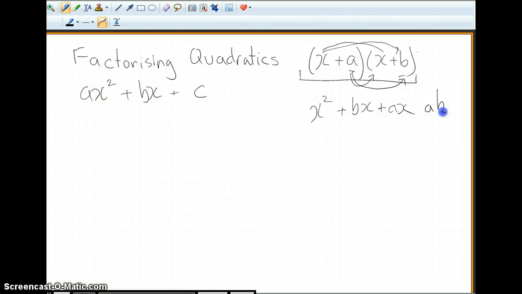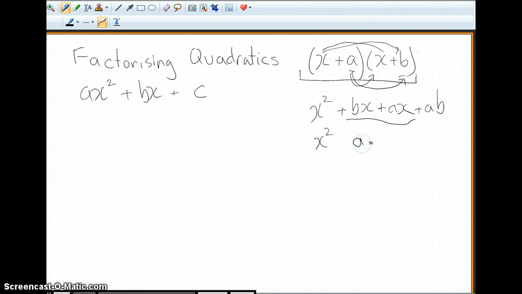We'll call that ab. Simplifying, okay, you've got a double-headed animal there. There's no other double-headed animals, however these x's can be collected.